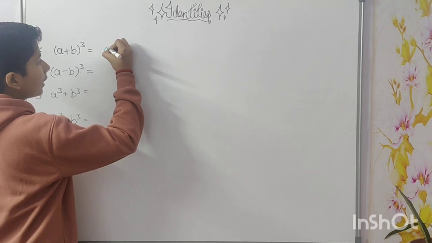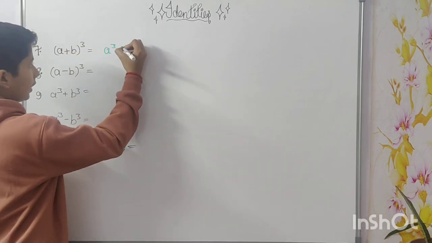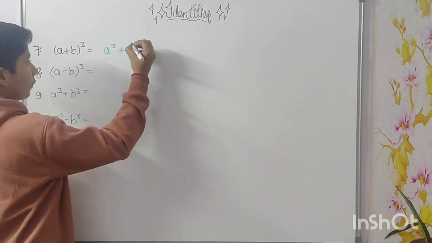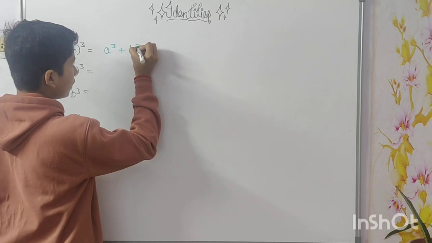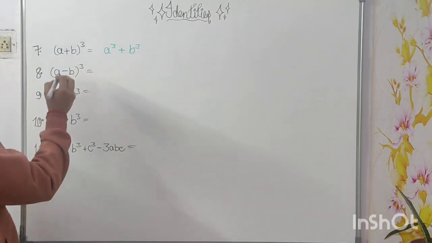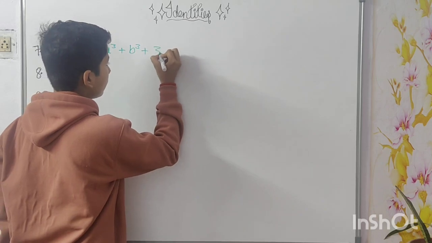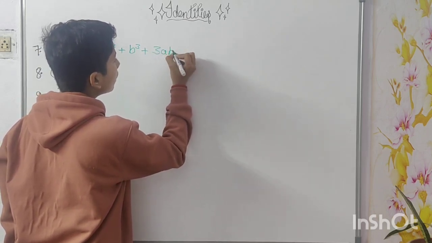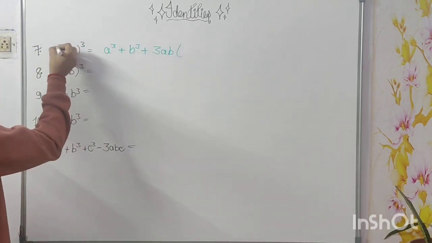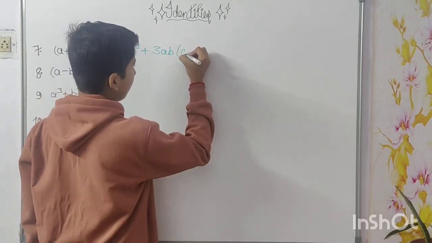So we write the cube of this, a cube, then the cube of this, b cube, then 3 into a into b, then multiplied by a plus b.